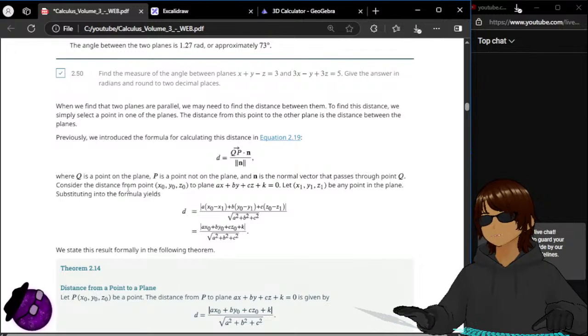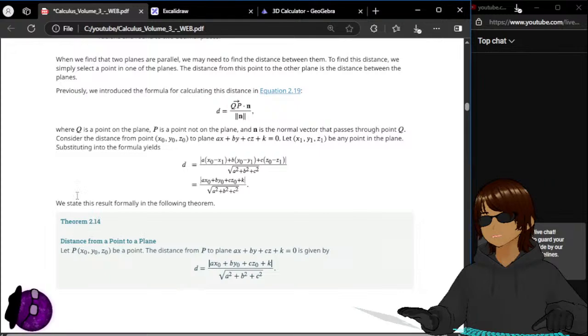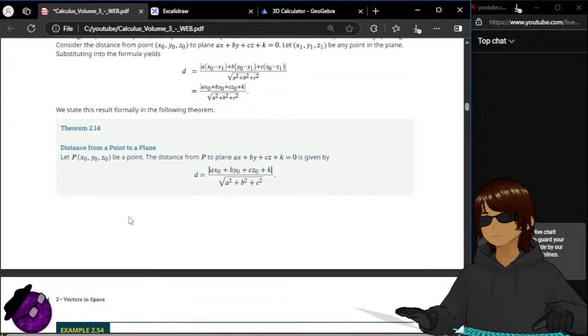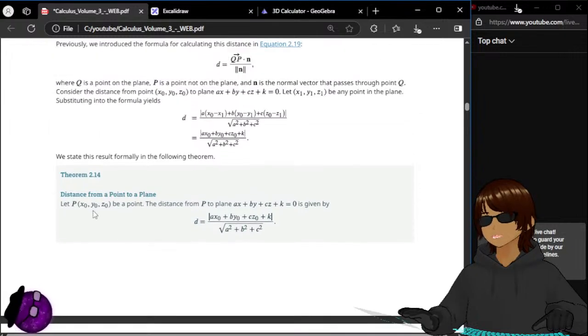Consider the distance between the point x0, y0, z0 and the plane. Let x1, y1, and z1 be any point in the plane. Substituting into the formula yields this. We state this result formally in the following theorem. Let P be a point. The distance from P to a plane is given by this.